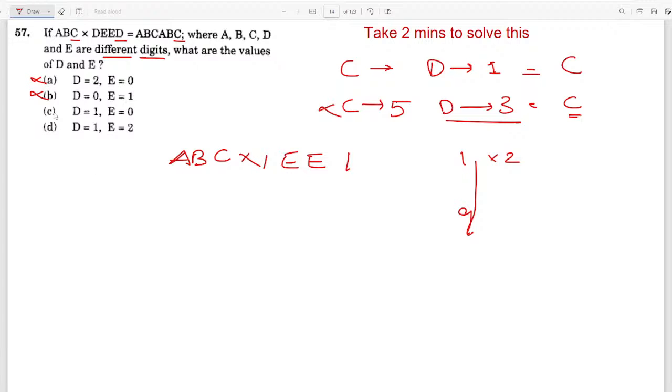Then we are left with only 1001 and 1221.